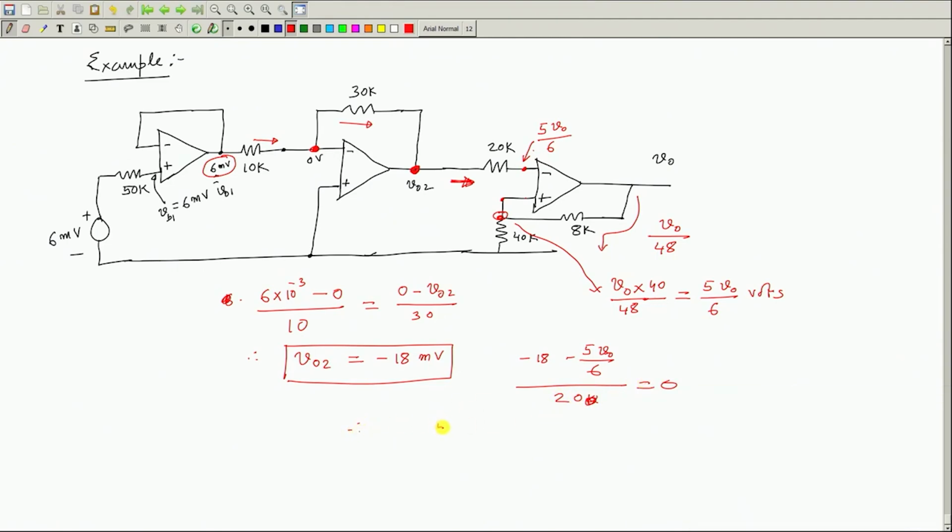Therefore, I can say 5 V naught by 6, this 20 does not matter, is equal to minus 18, and your V naught will be equal to minus 18 into 6 by 5, that is minus 21.6 millivolt.